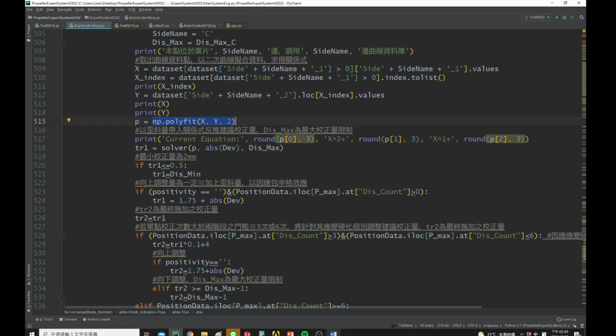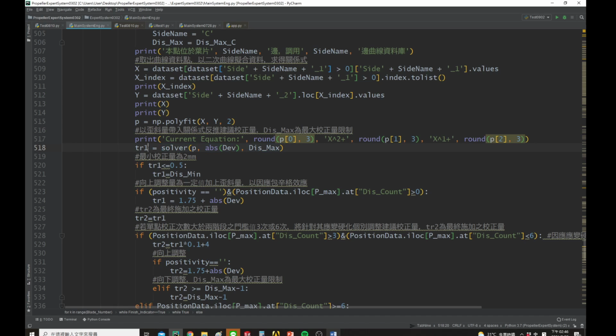We use this x and y to come up with the equation, which you already know how to do. Then we use the solver to solve the displacement value.